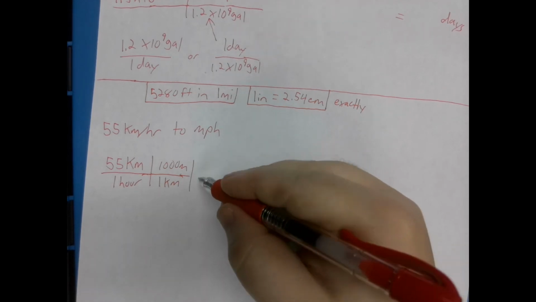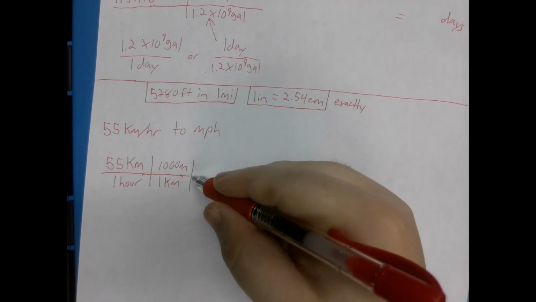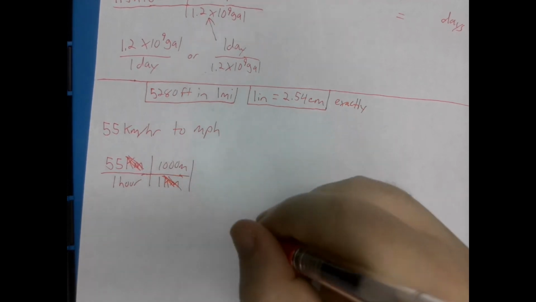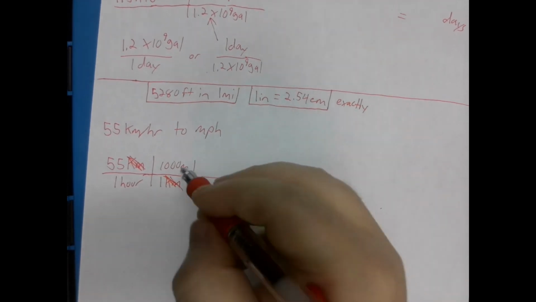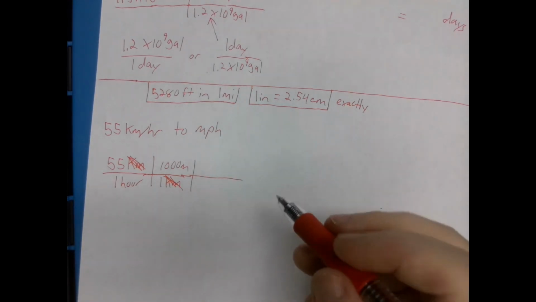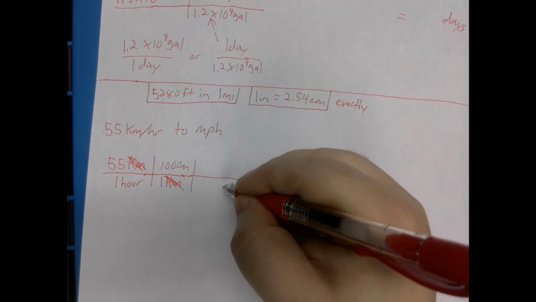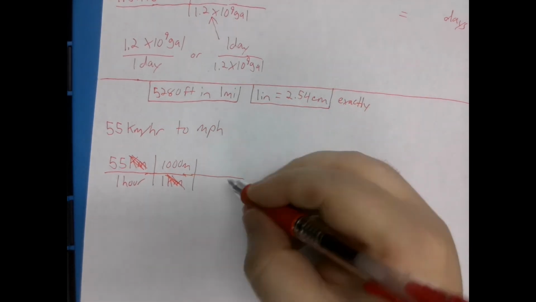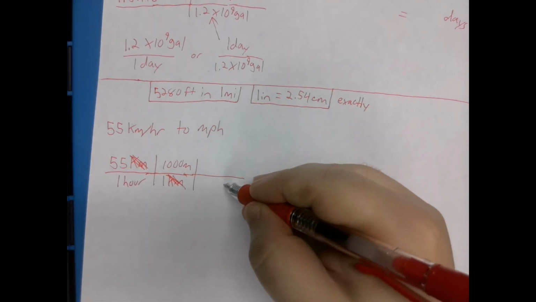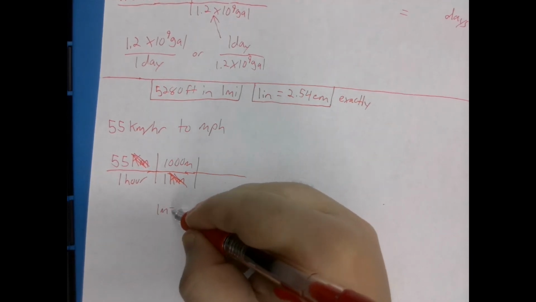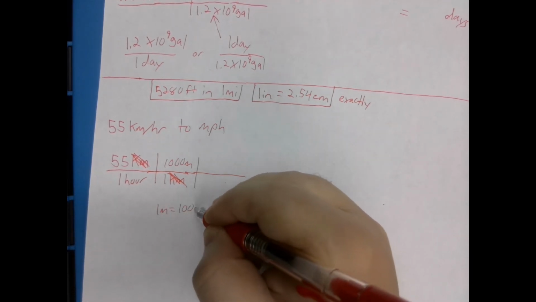Now I need to convert meters. First, kilometers cancel each other out, so now I'm in meters per hour. The only conversion I know is centimeters, so I'm going to convert meters into centimeters. 1 meter is equal to 100 centimeters.